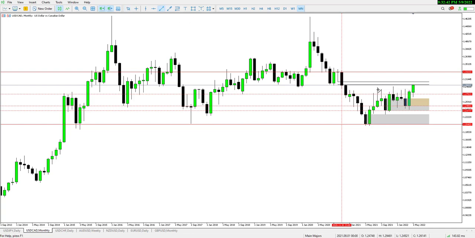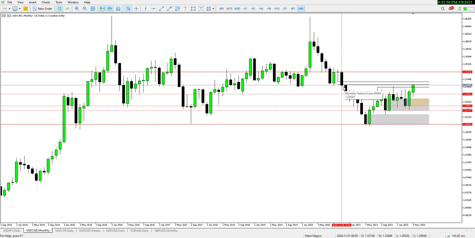Now, we also have these relatively equal highs, right? We've got these relatively equal highs and price has traded through them today, where there were buy stops.